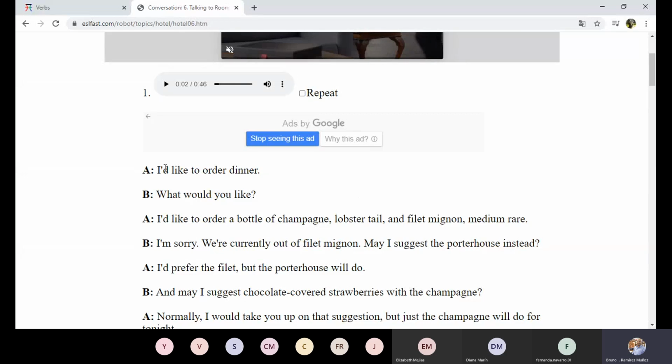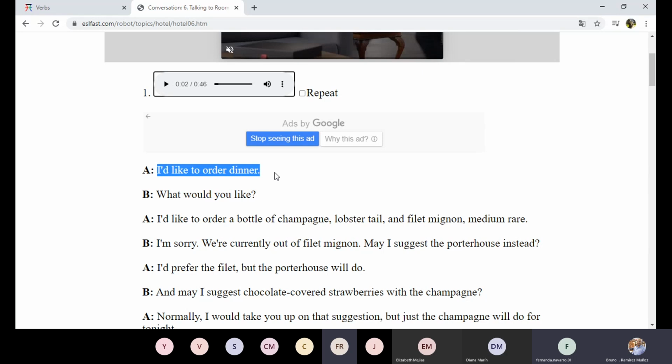For example, in I'd like to order dinner, we would say that there are 10. How many consonant sounds? 7. All right, 7.